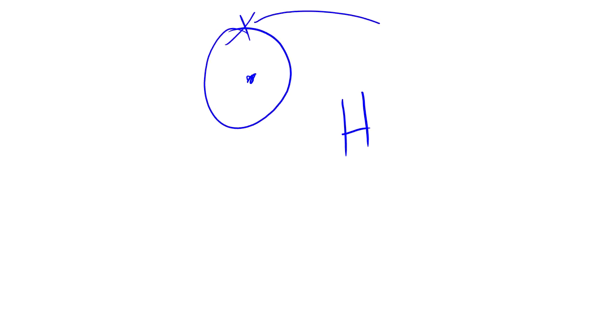When this electron is ripped off by some element that always needs electrons, then this hydrogen atom will lose the electron in the outermost shell. Then it will end up having only the proton at the center. That proton is a positive charge. Then you have hydrogen plus.